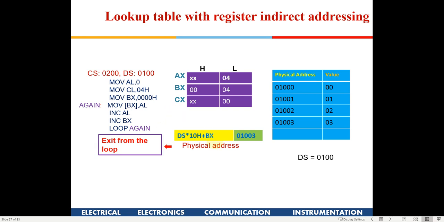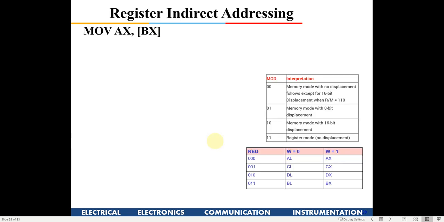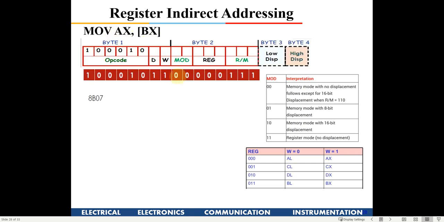Okay, now let's come back to our problem where we are doing move AX and indirect addressing. Now let's see, the opcode remains same, 00010. D is the direction, and because here again it has to be 1 because it is from a memory location to the register, this has to be the register. There is no option, so D becomes 1. AX, W is equal to 1.